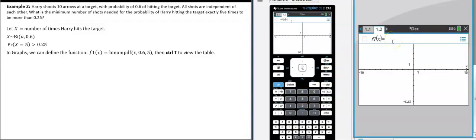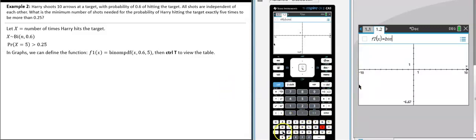And I can type in, so using the letters at the bottom, binom PDF, then N is the thing I'm looking for, but because we're in graphs, your calculator only wants to think about X's and Y's, so we're going to change the N to an X, and the probability is 0.6, and the number of successes is 5. Press enter, it does nothing, that's what we're expecting.